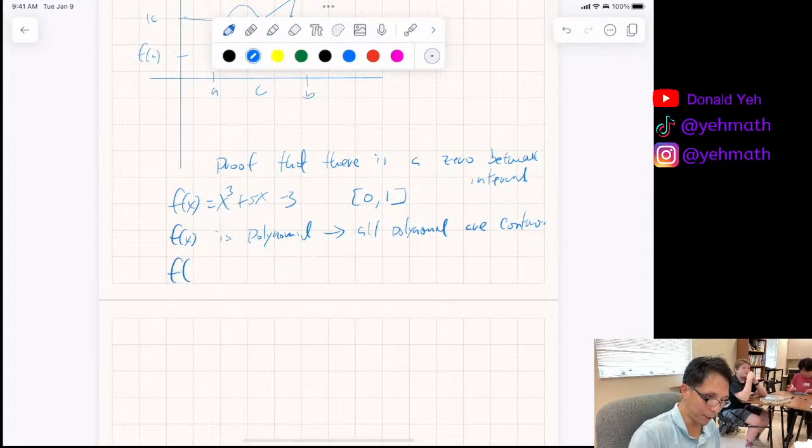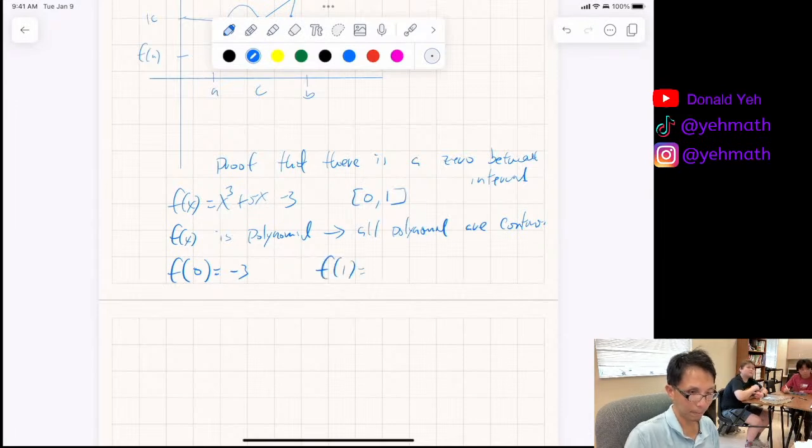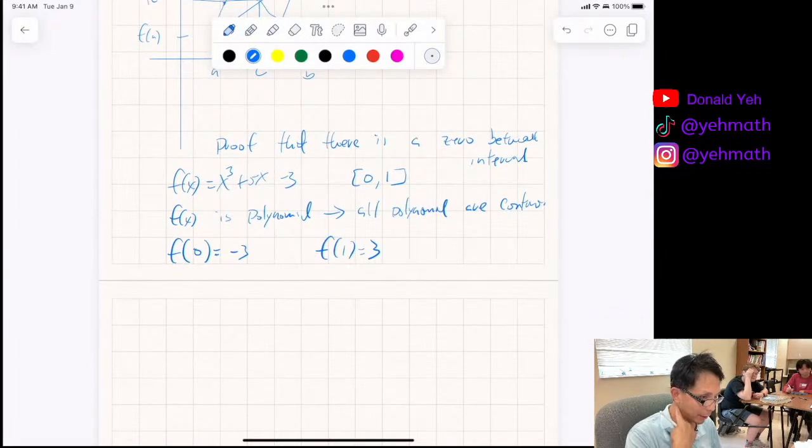And then they say f of 0 is what? What is f of 0? -3, because I just plug in 0. What's f of 1? If I plug in 1, it's going to be 1 plus 5, 6. 6 minus 3 is 3. So f of 0 is -3, f of 1 is +3. Then you say, okay, well, they're not equal to each other. Now, is 0 between f of 0 and f of 1?